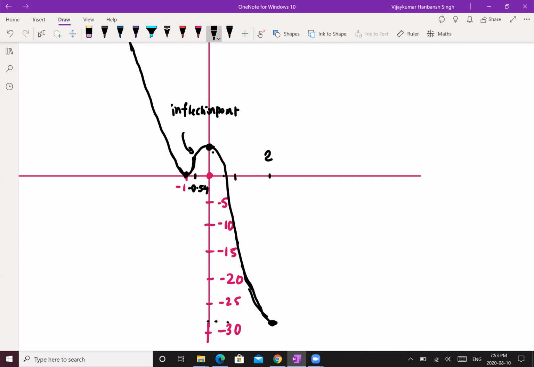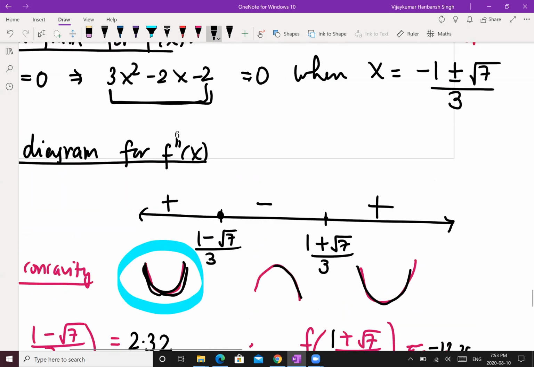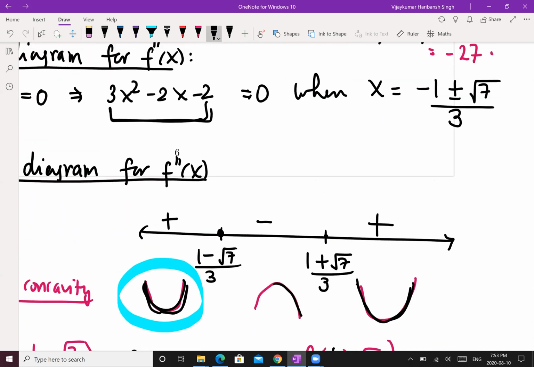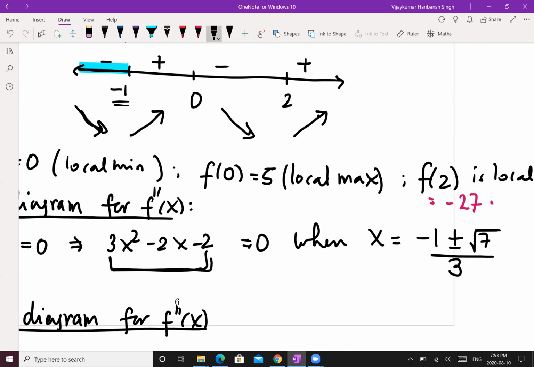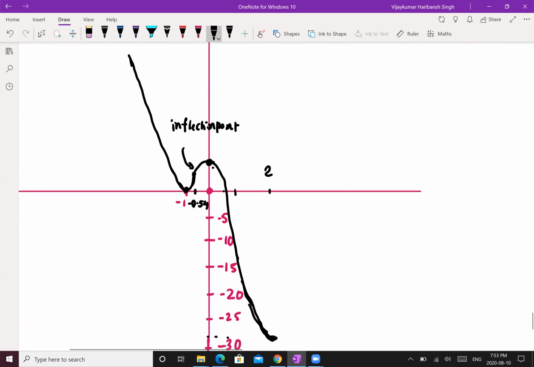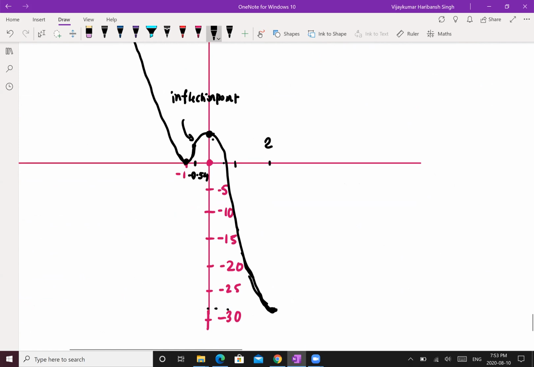After that also it's concave up, and it is increasing after 2. So this is how the graph looks like.